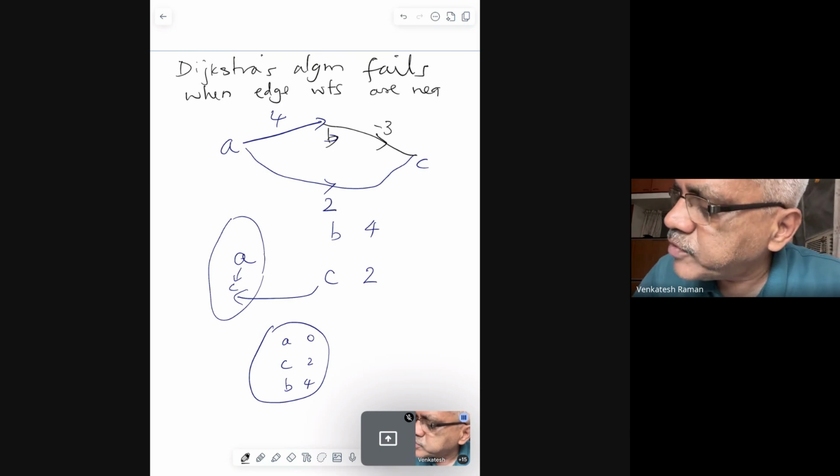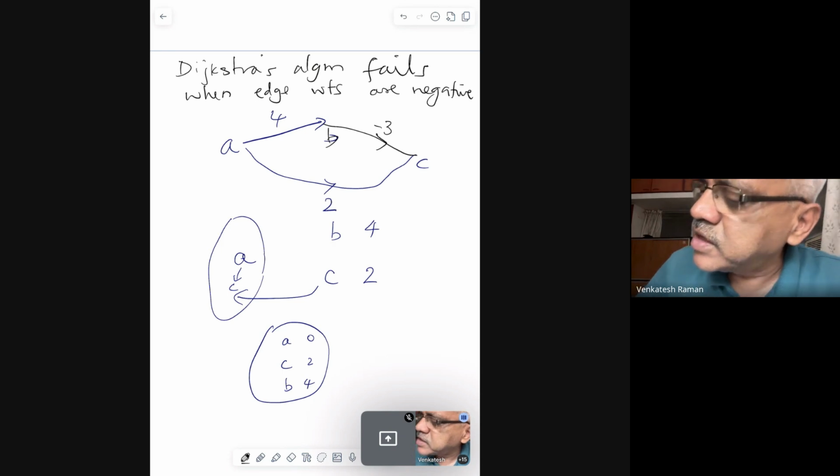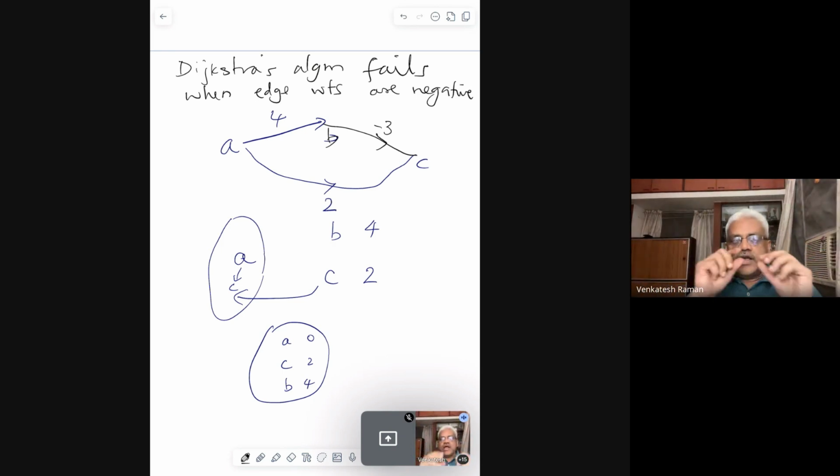So I'm not sure everybody followed this example and simulation of Dijkstra's algorithm. Take this example, run Dijkstra's algorithm and see what it will do. It will tell you that the shortest path from A to C is 2, whereas in reality it is 1 through B. Go convince yourself that it will say the shortest path distance from A to C is 2.